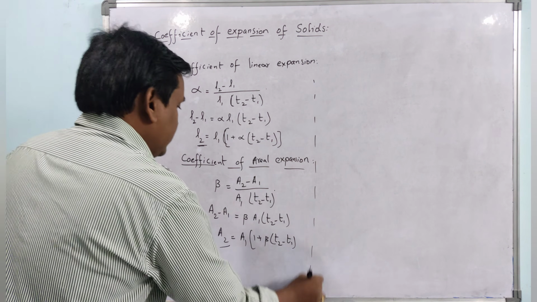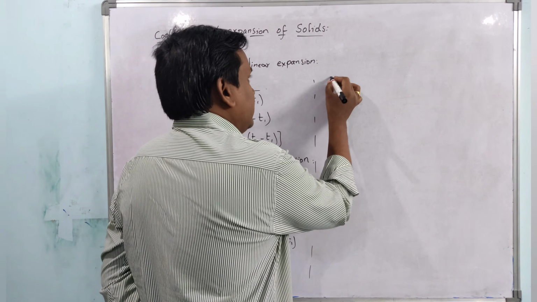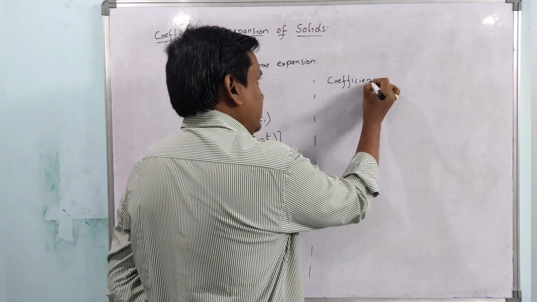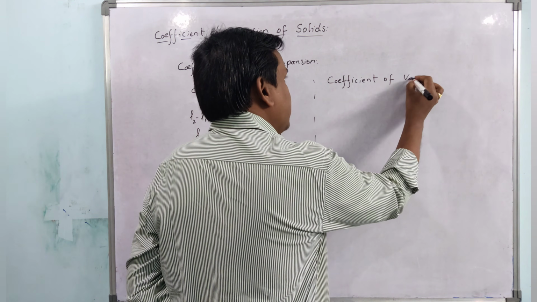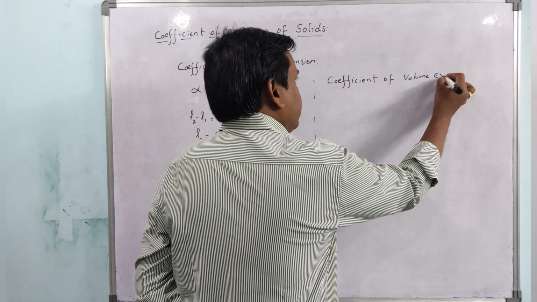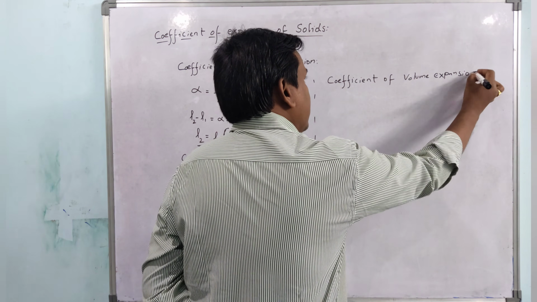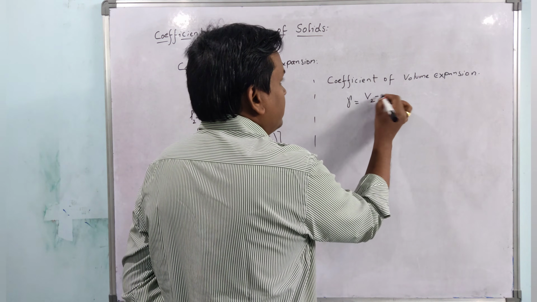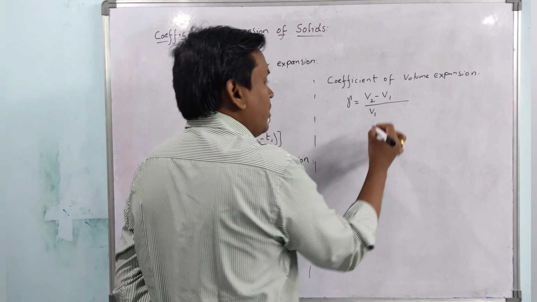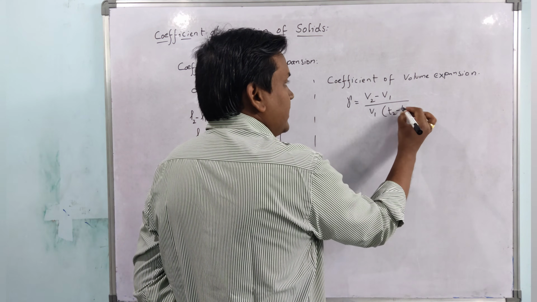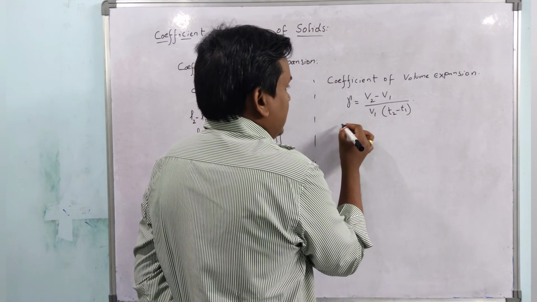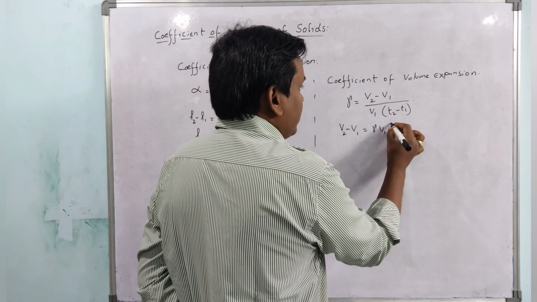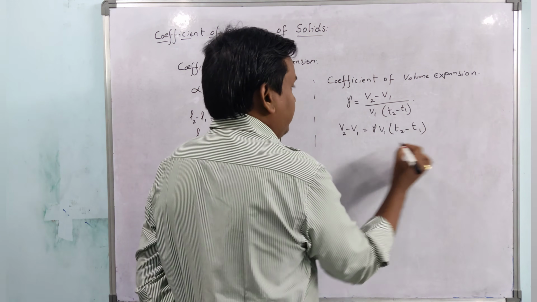In the same way, for the coefficient of volume expansion, gamma equal to change in volume V2 minus V1 by initial volume V1 into change in temperature T2 minus T1. And for that, V2 minus V1 equal to gamma into V1 of T2 minus T1.